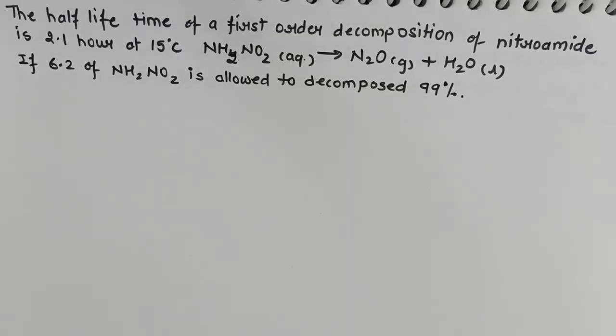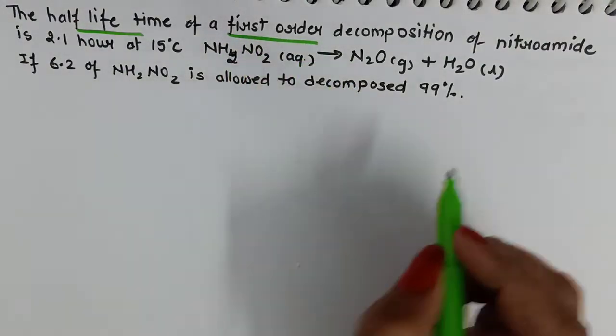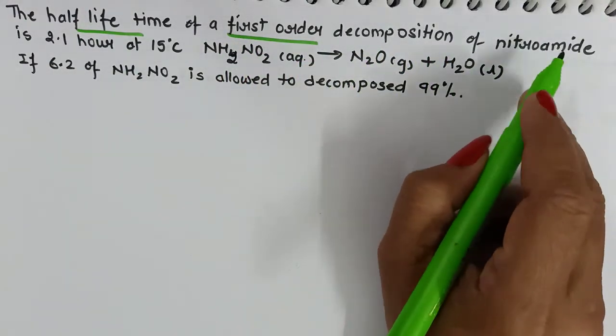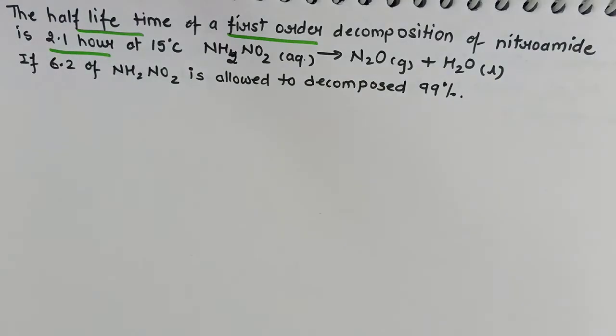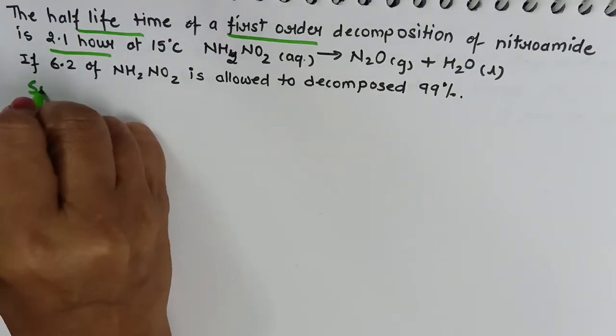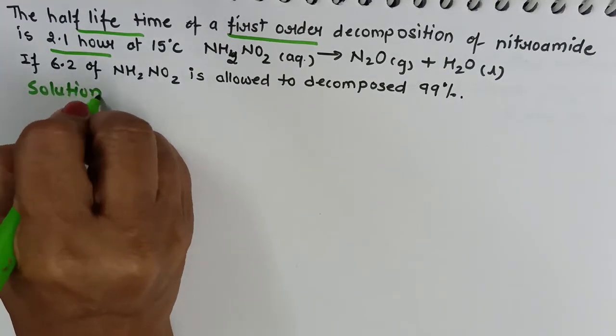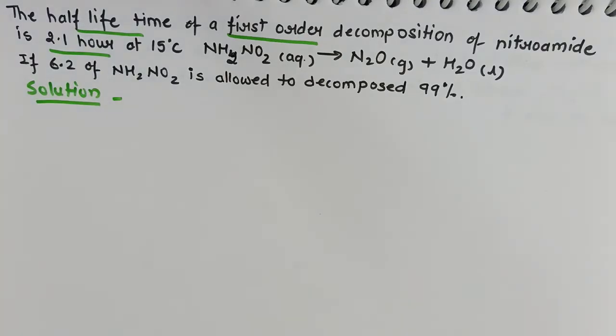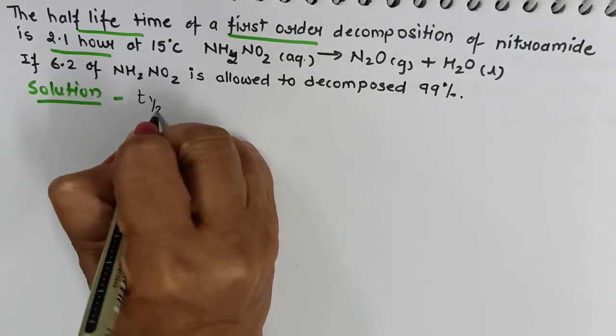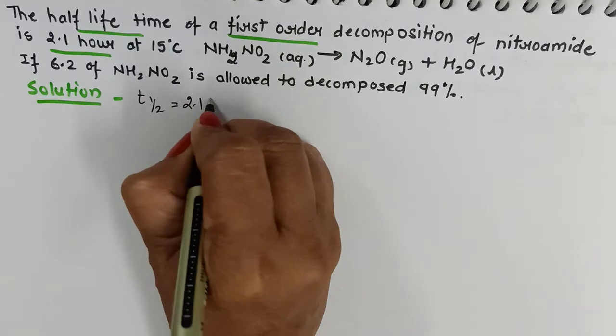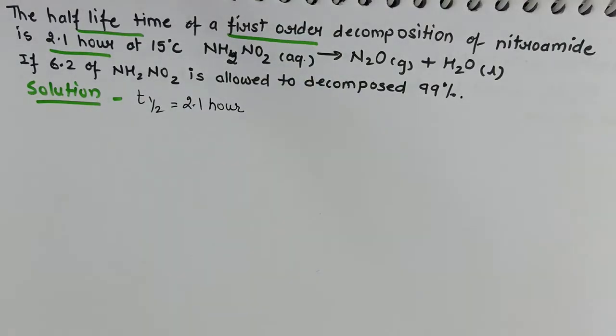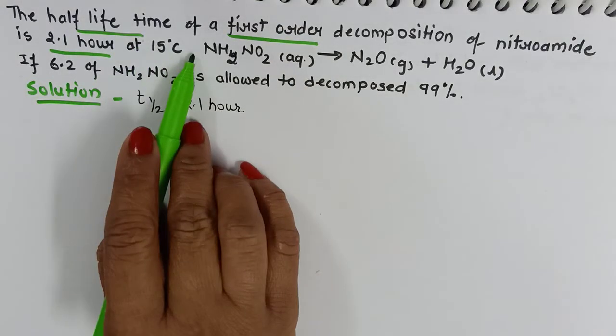Next numerical. Half-life time of a first order reaction decomposition of nitroamide is 2.1 hour. So let us write the data given immediately. Half-life time is given 2.1 hour at 15 degrees Celsius.